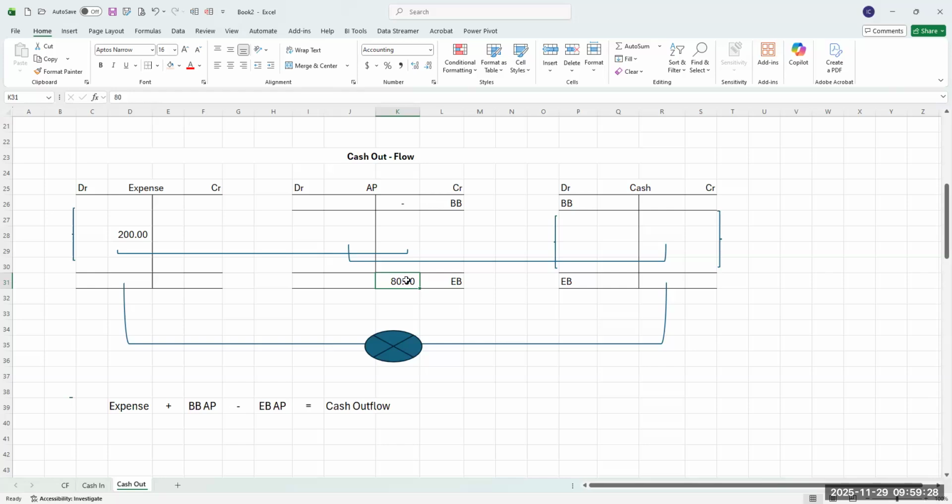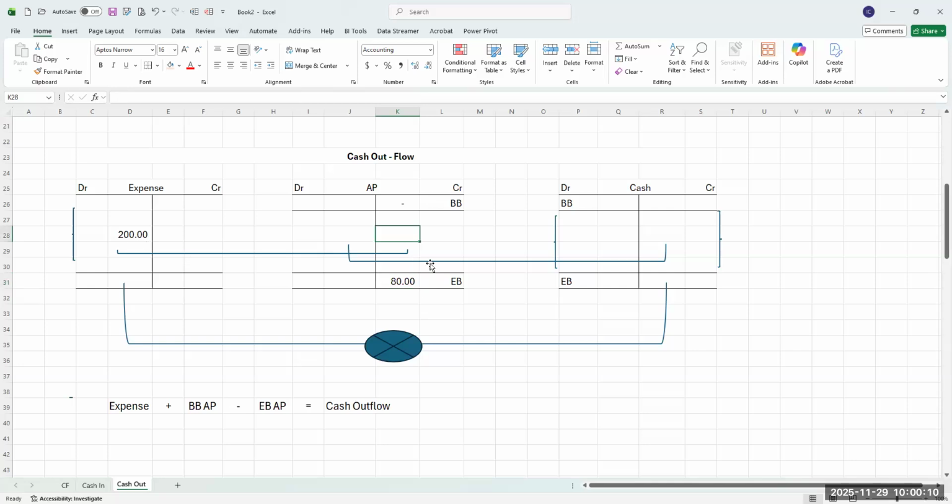Accounts payable says how much I owe them? $80. If I purchase 200 and I owe them $80, how much do I pay them? Again, I purchased $200. I still owe them $80. So how much cash do I pay them? $120. Make sense?